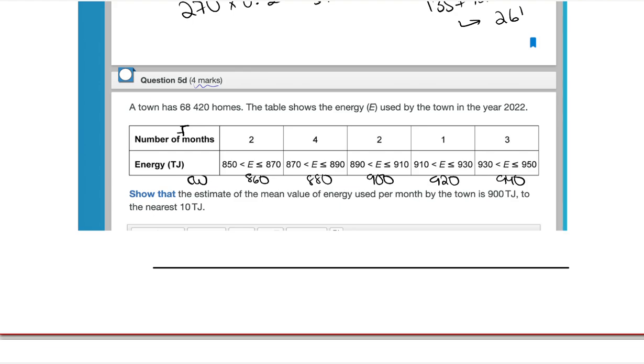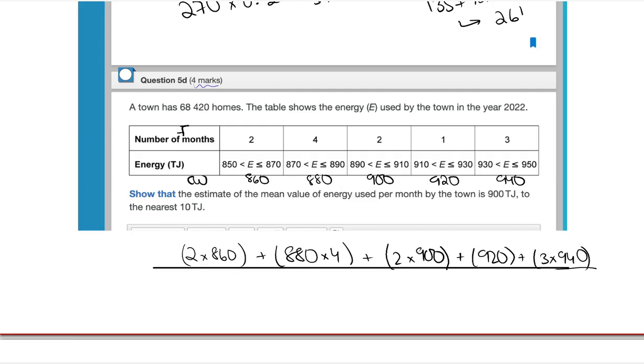But we're not done with it yet, because we have to multiply the class midpoint with the frequency. So 2 times 860 plus 880 times 4 plus 2 times 900 plus 1 times 920 plus 3 times 940. And this entirety is going to be divided by the total frequencies, which is 2 plus 4 plus 2 plus 1 plus 3, which gives us 12.